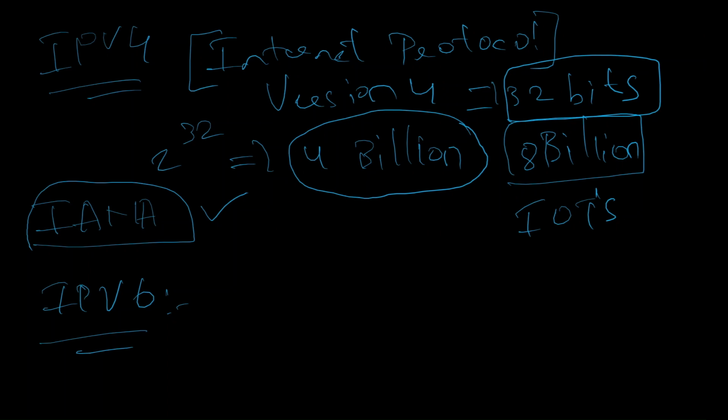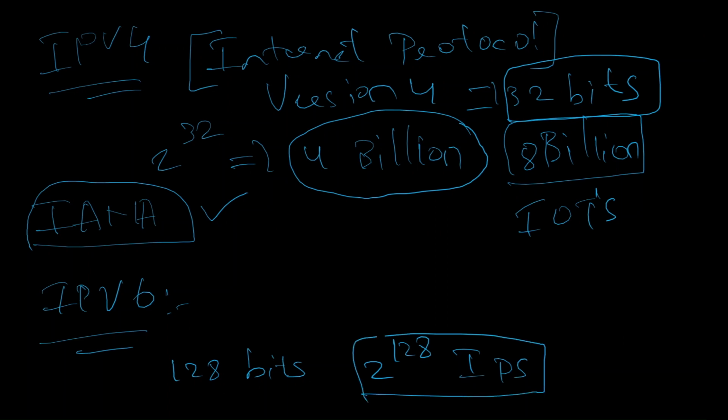Each IP address in IPv6 is of 128 bits. So in total there are 2 power 128 IPs available in IPv6, which is a very huge number. It's tough to represent, as we don't have any value like billion or trillion to represent it.